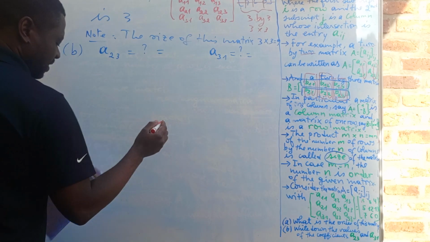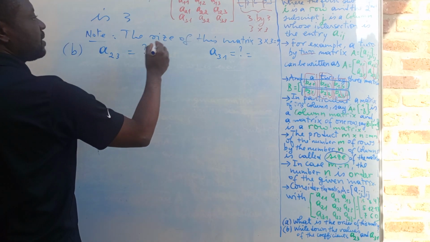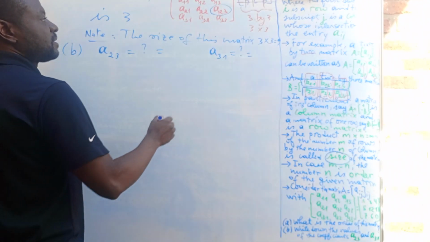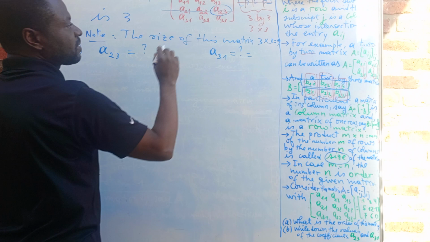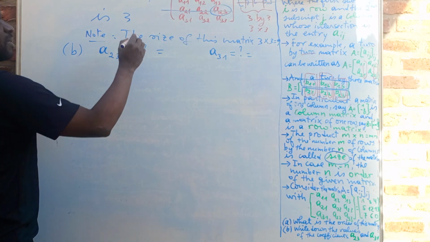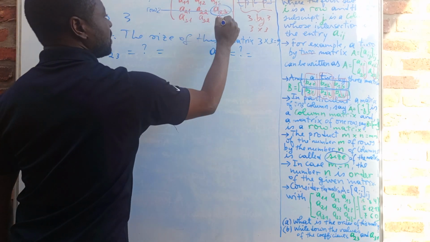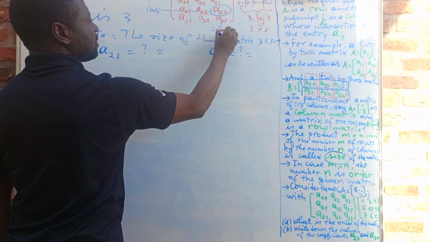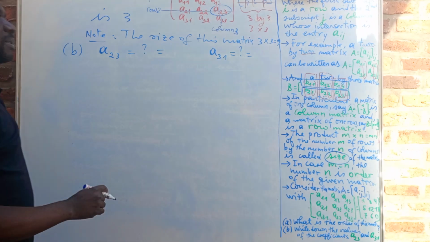Now we are asked to find the coefficient A23. This is the coefficient located at the intersection of second row and third column.